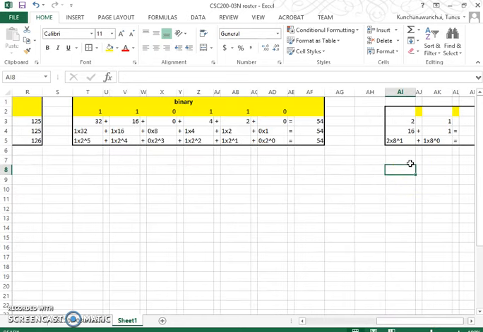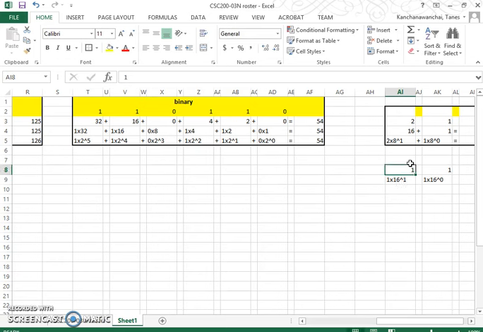So let's take a look real quick. If I take 1, 1, so I'm going to have 1 times 16 to the 0, and then 1 times 16 to the 1.